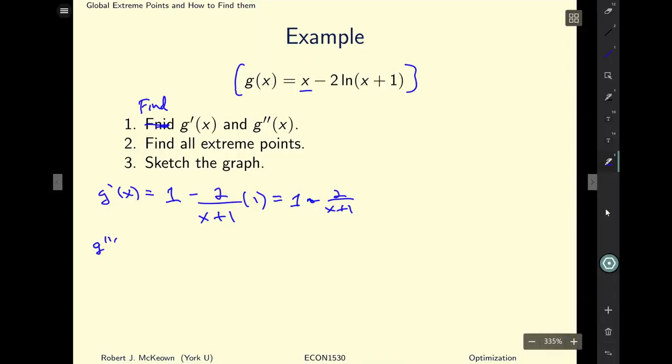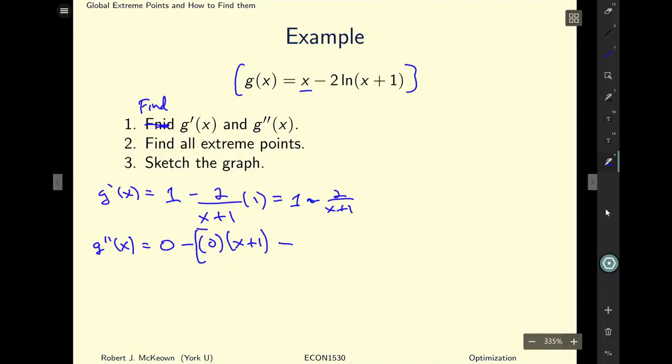What about the second derivative? Well, the 1 is just going to disappear, so that's going to be a 0. And then we've got a minus 2 over x plus 1. I could use the quotient rule, so I'm going to go ahead and use it. So the derivative of the numerator is just 0 times the denominator, x plus 1, minus, and I have to make sure I don't make a sign error here, the whole thing is going to be subtracted.